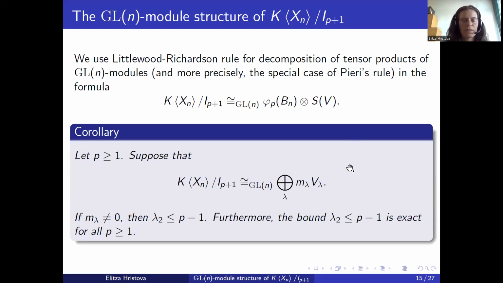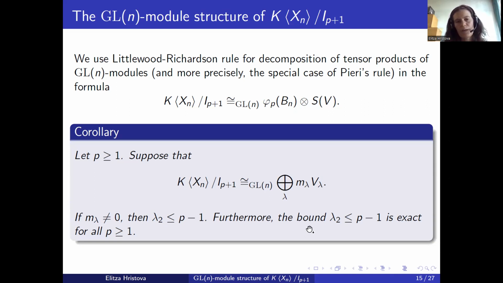in order to obtain the straightforward corollary from the previous result, which says that if we take K of xn mod the ideal generated by commutators of length p plus 1, then if a module V lambda appears with non-zero multiplicity M lambda in this decomposition, then lambda 1 can grow arbitrarily large, but lambda 2 is bounded by the number p minus 1.